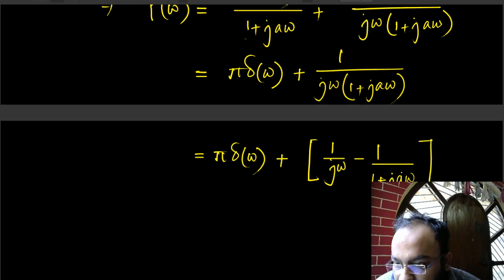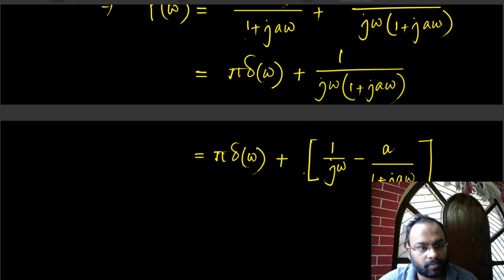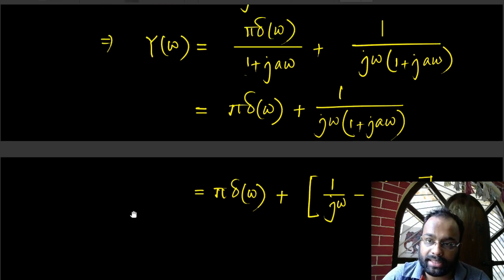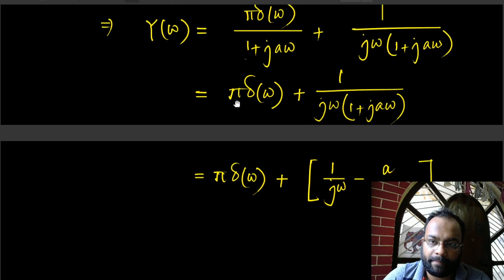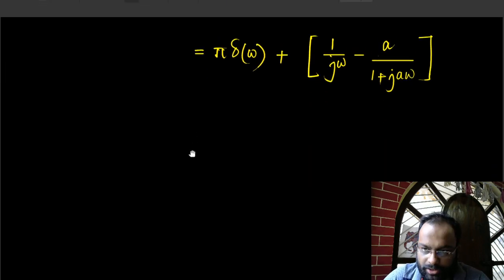Let me see what I have here. I have 1 plus j a omega minus this, so I need to have a here. So I skipped over a very interesting thing here. Let's talk about that.